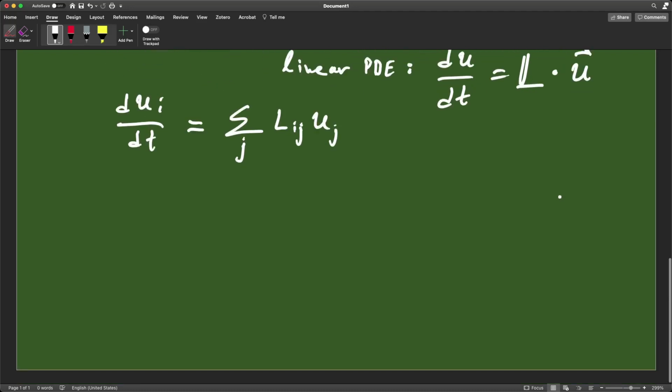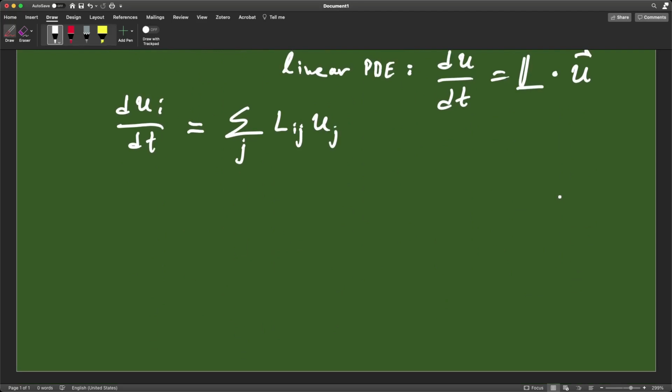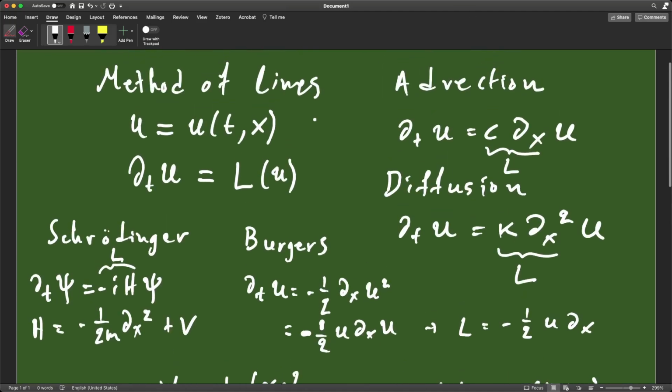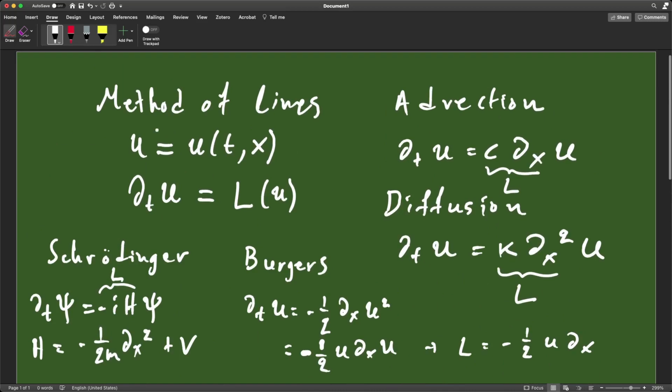So if we look at the equations we introduced earlier, for example, let's consider the Advection equation. Let's rewrite it again. So it's this equation here.